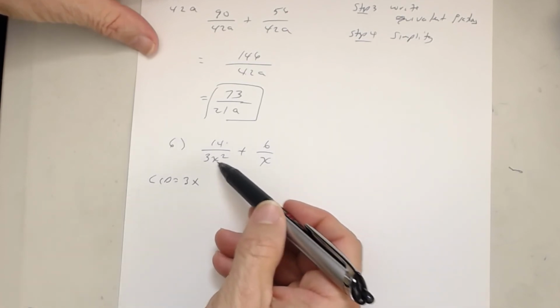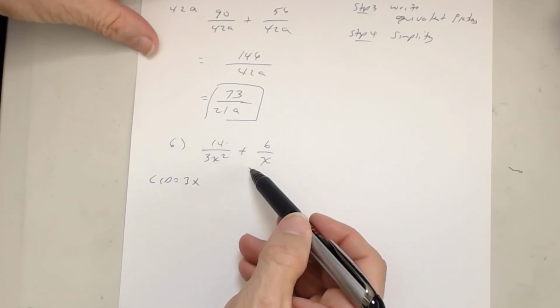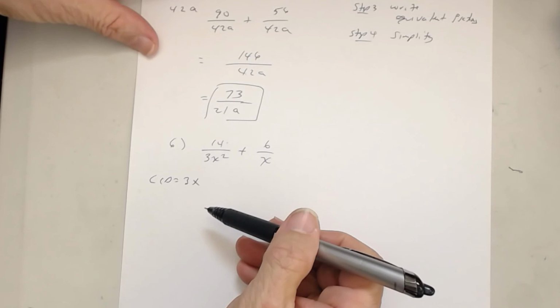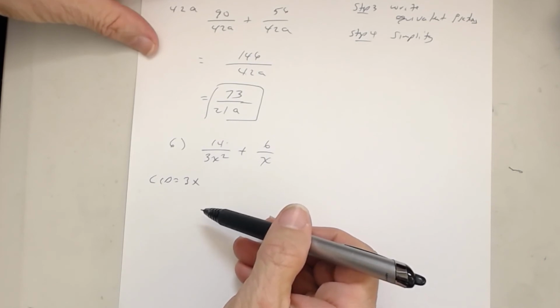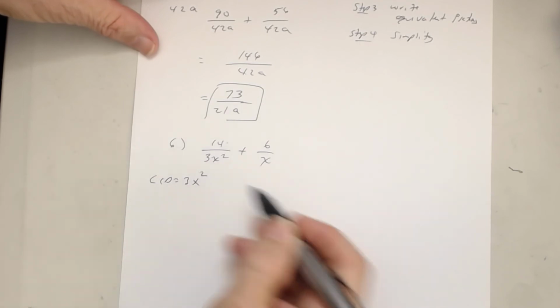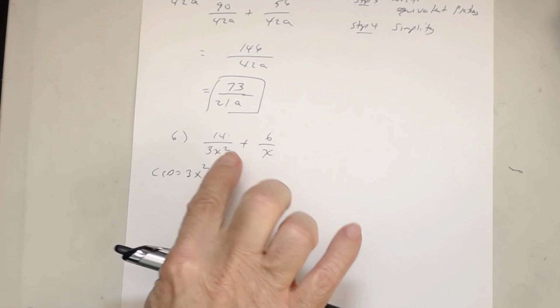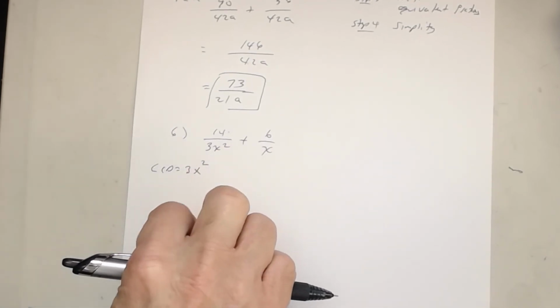So what we said was this. How many factors of x here? 2. How many factors of x do I have here? 1. How many do I need? 2. You take the larger exponent. So the LCD is 3x squared. Now, x squared goes into x squared? Yes. Does x go into x squared? Yes.